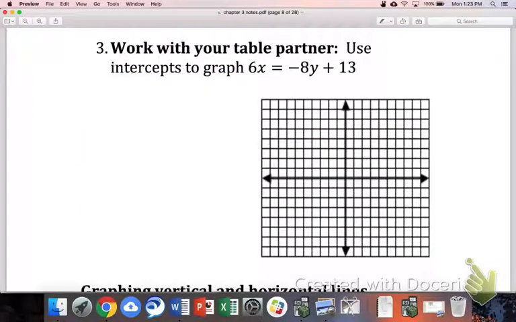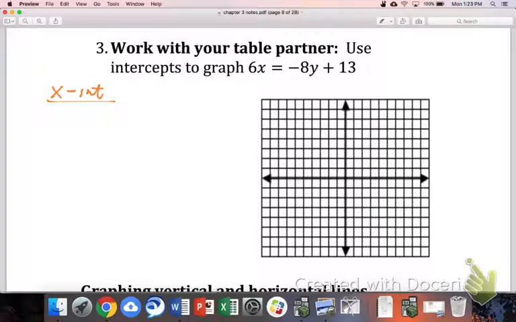On this one, walking around, I think we have some pretty good answers going on. We are supposed to use intercepts. I usually find the x-intercept first. To find the x-intercept, I have to plug a 0 in for y.